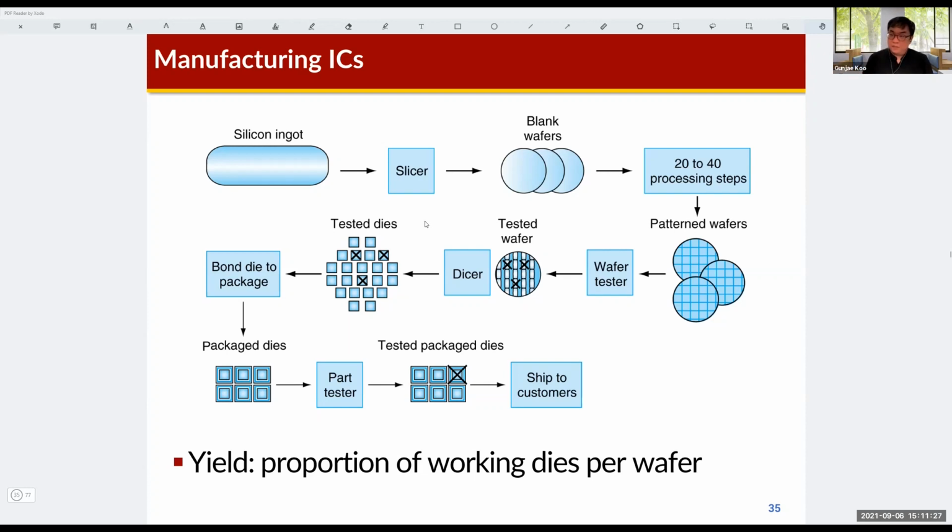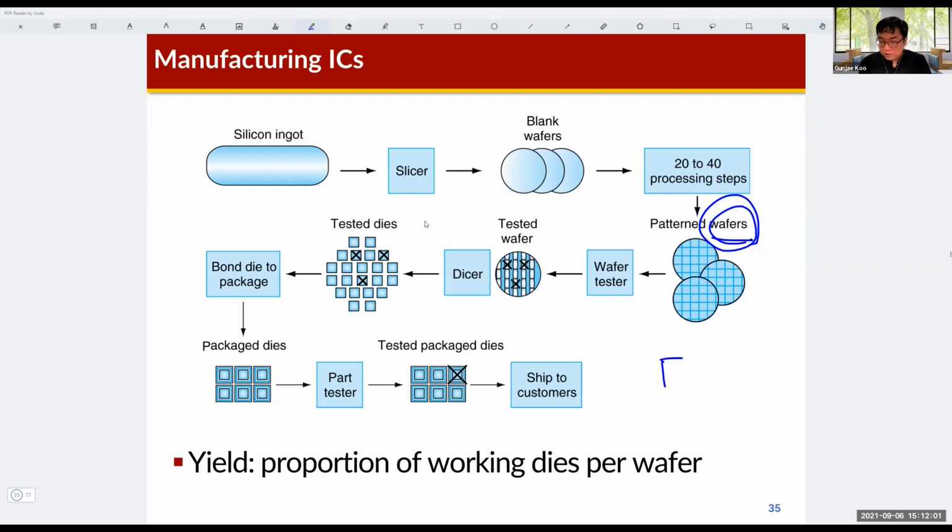And based on this property, we can make a simple on and off switch with the silicon. With the silicon cylinder, we cut slices of the silicon cylinder, and then we generate the wafers. And then on the wafer, we can fabricate the transistors, like CMOS transistors, like here.